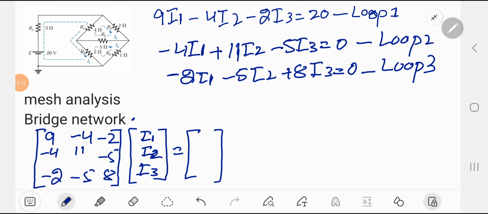So this is a 3 by 3 matrix, and according to Cramer's rule, this is in AX equal to B form.